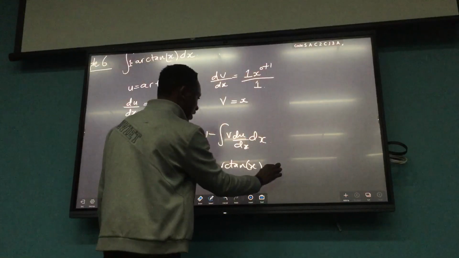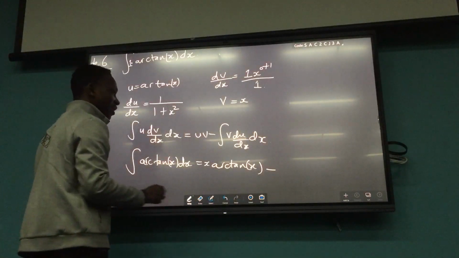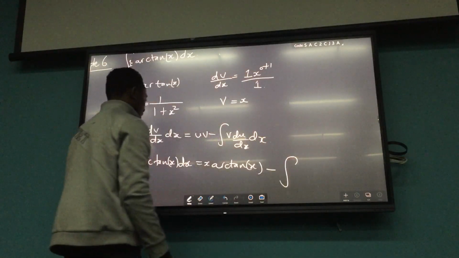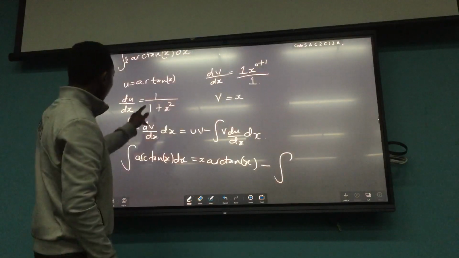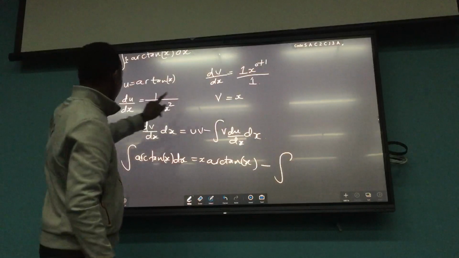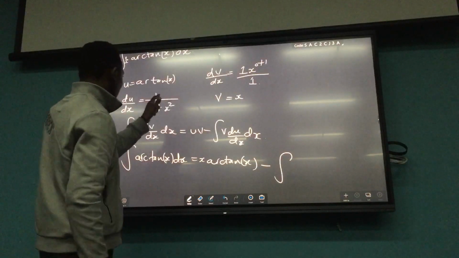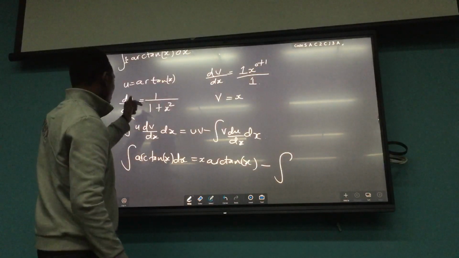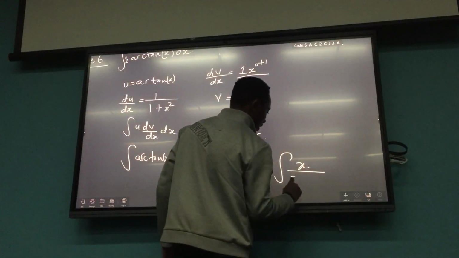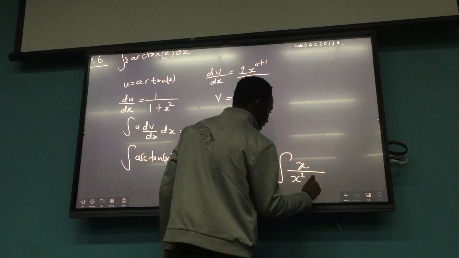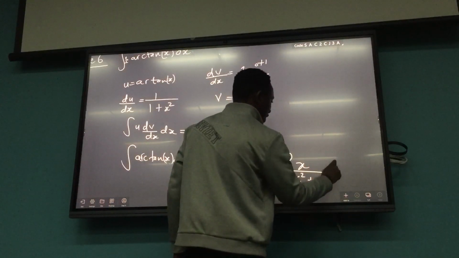This negative sign is part of the formula, I also put it there. Then I'm going to put the integral of v du dx. If I multiply those, I get x over 1 plus x squared. So that's going to be my v du dx, x over x squared plus 1 dx.